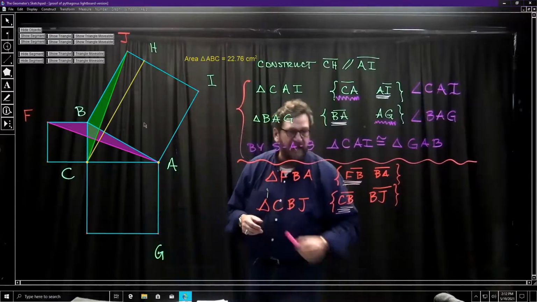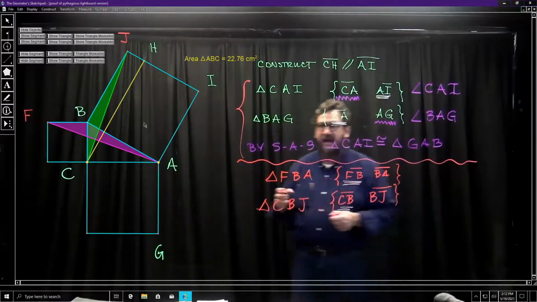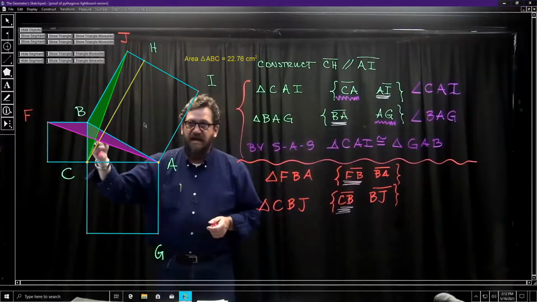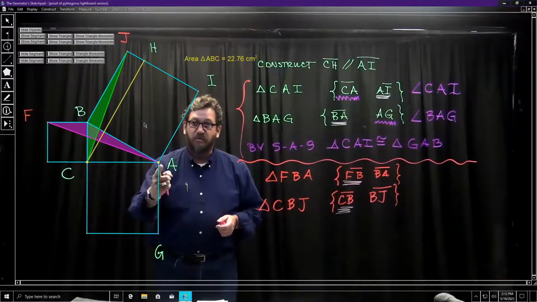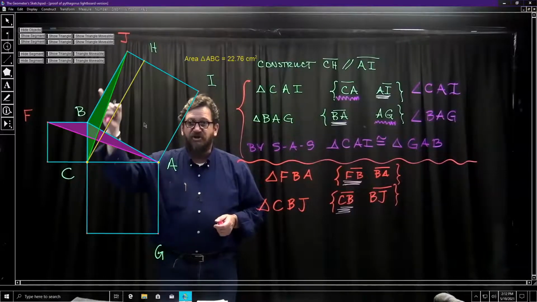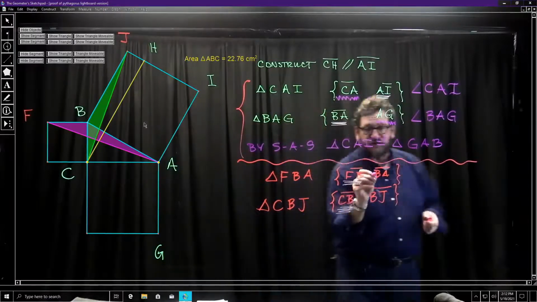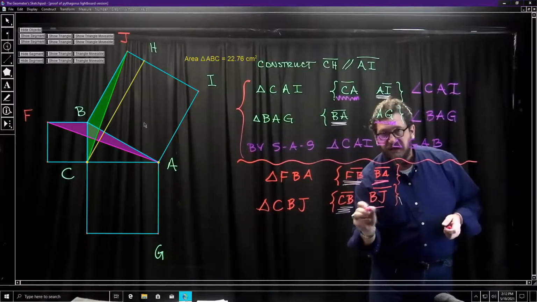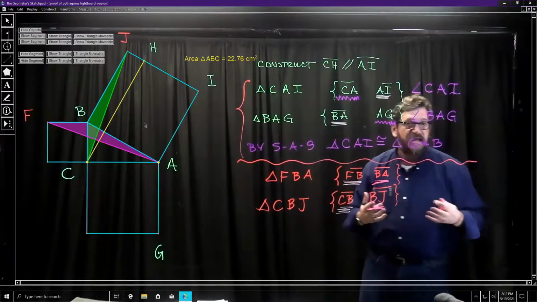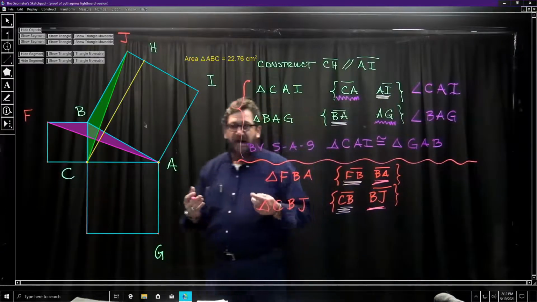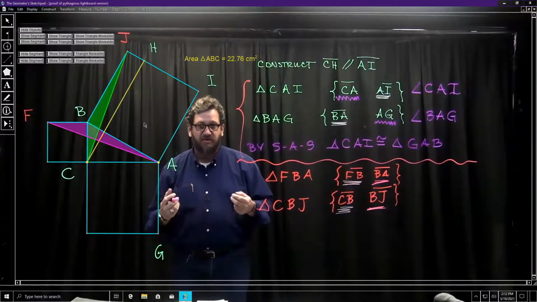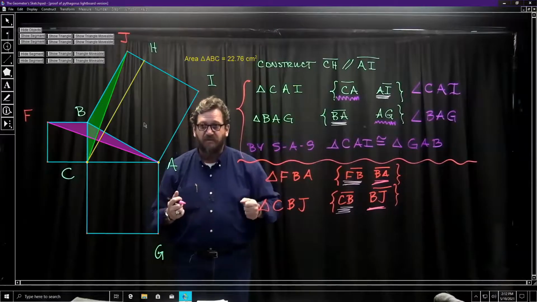Now, I can then say, let's look at B to A. And B to A is a side along the square on the hypotenuse. Well, B to J is also along the square on the hypotenuse, so BA must be the same as BJ in length. So I have two sides of these triangles matching up to one another.